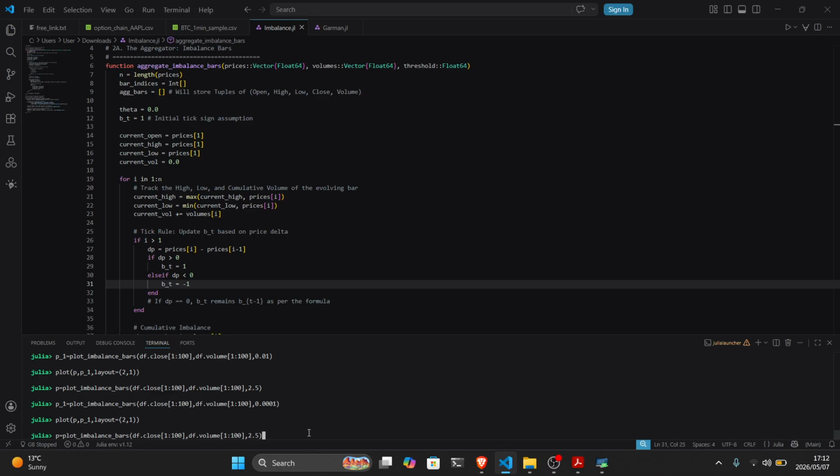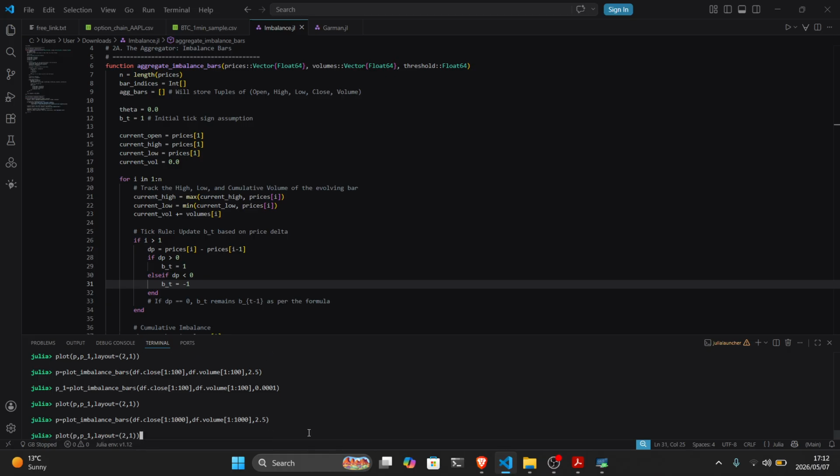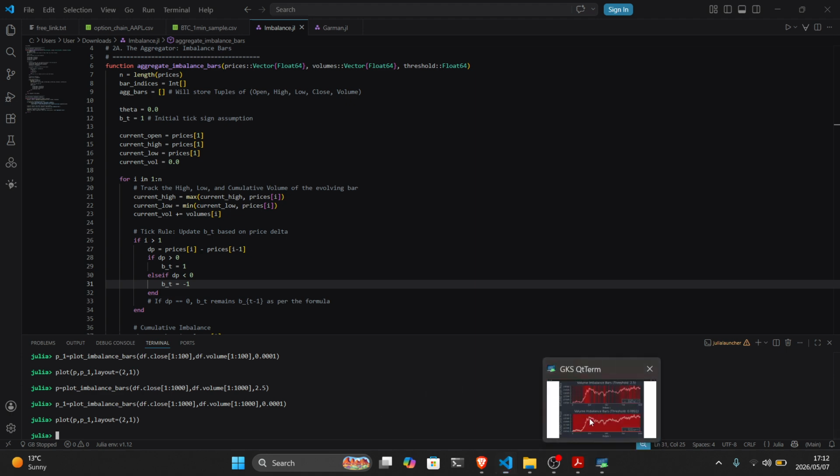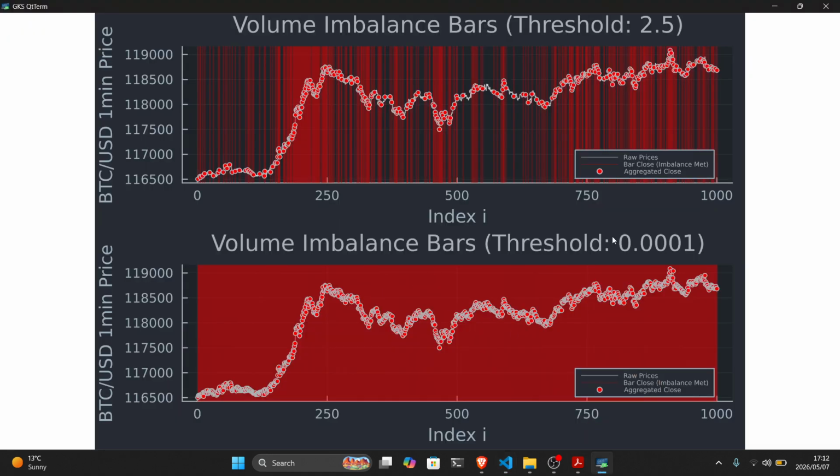Now let's extend this to 1,000 entries. As you can see, for a threshold of 0.001, the distribution of bars is nearly, if not, uniformly distributed. But when you look at a threshold of 2.5, it seems like the distribution has some sort of pattern there.